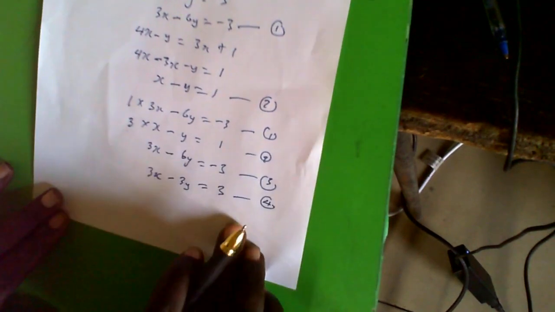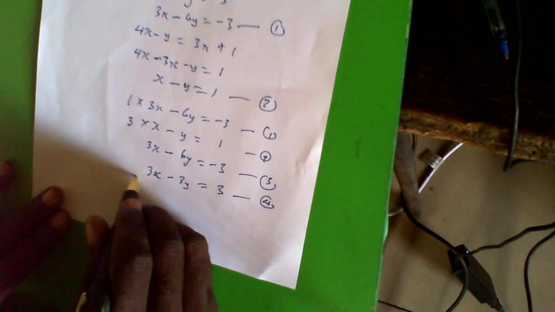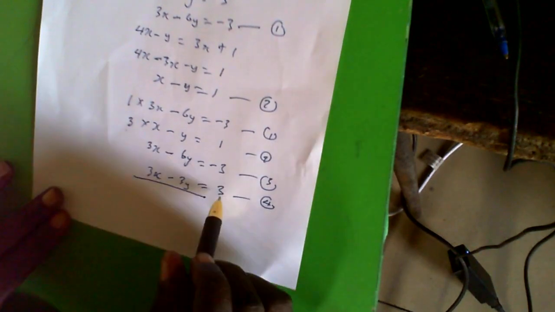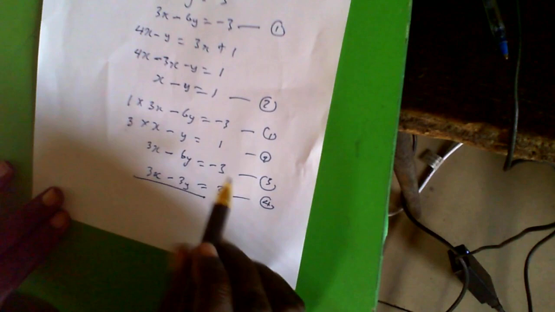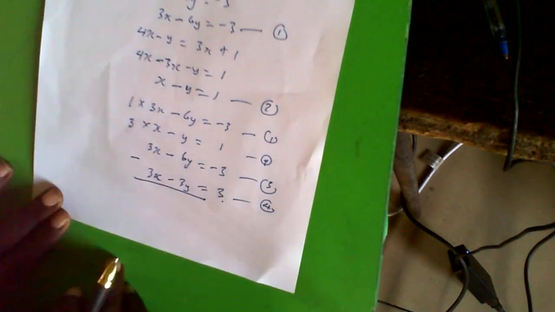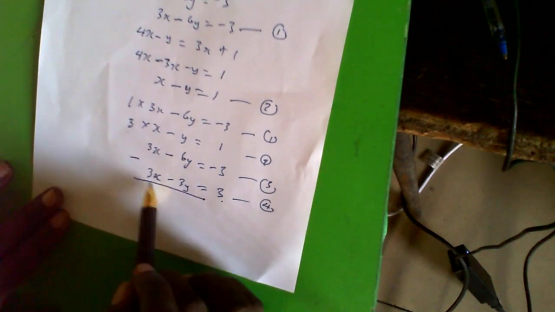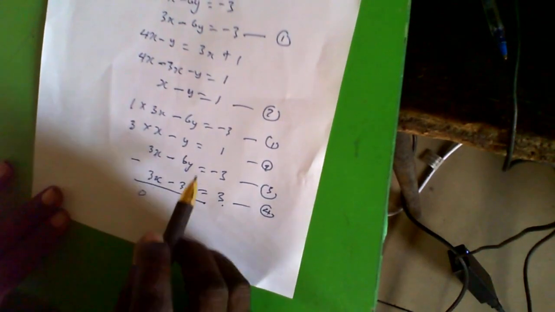The next thing to do is subtract equation 4 from equation 3. 3x minus 3x gives us 0.